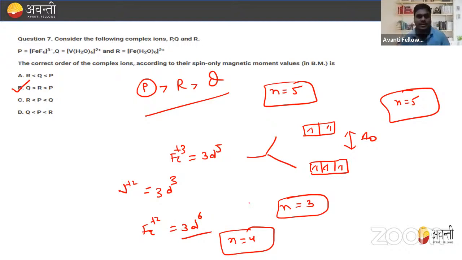These are all important topics of this chapter. If you know the concepts of VBT theory, CFT theory and all these things, then you can easily solve these questions. I hope this is simple to you.